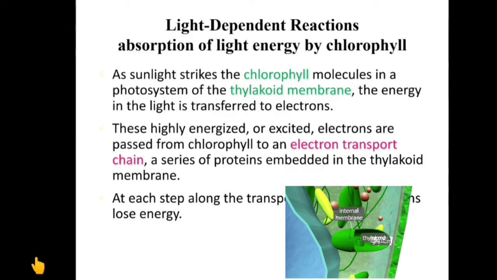What are the light dependent reactions? First, there is absorption of light energy by chlorophyll. As sunlight strikes the chlorophyll molecules in a photosystem of the thylakoid membrane, the energy in the light is transferred to electrons. These highly energized or excited electrons are passed from chlorophyll to an electron transport chain, a series of proteins embedded in the thylakoid membrane. At each step along the transport chain, the electrons lose energy.